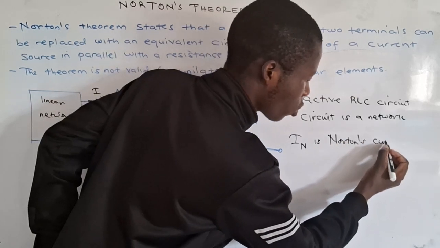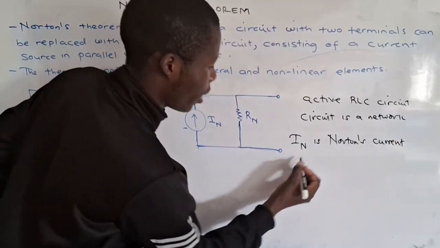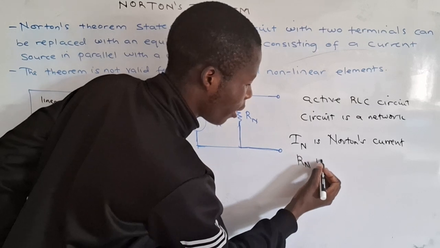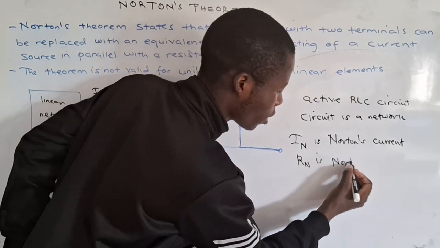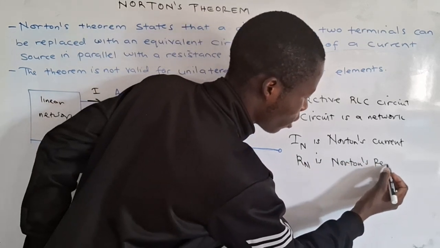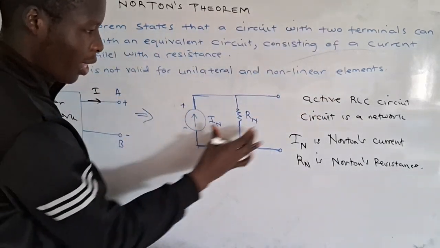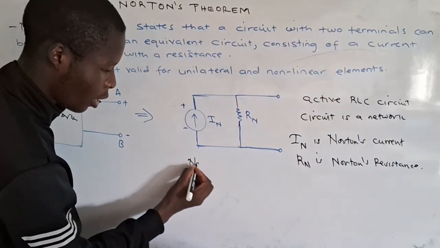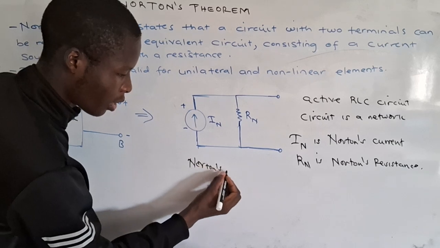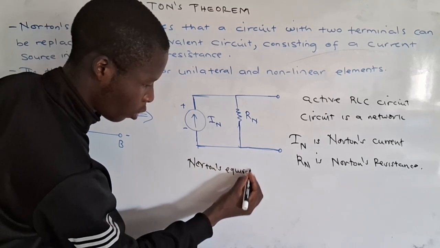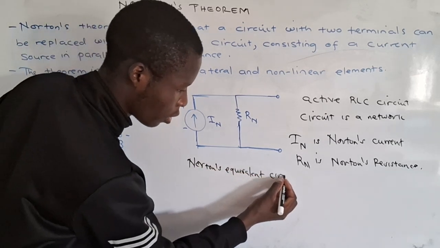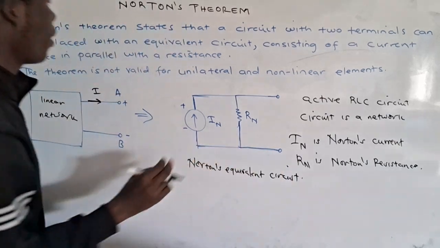And this Rn is nothing but the Norton's resistance. Then this is called the Norton's equivalent circuit.